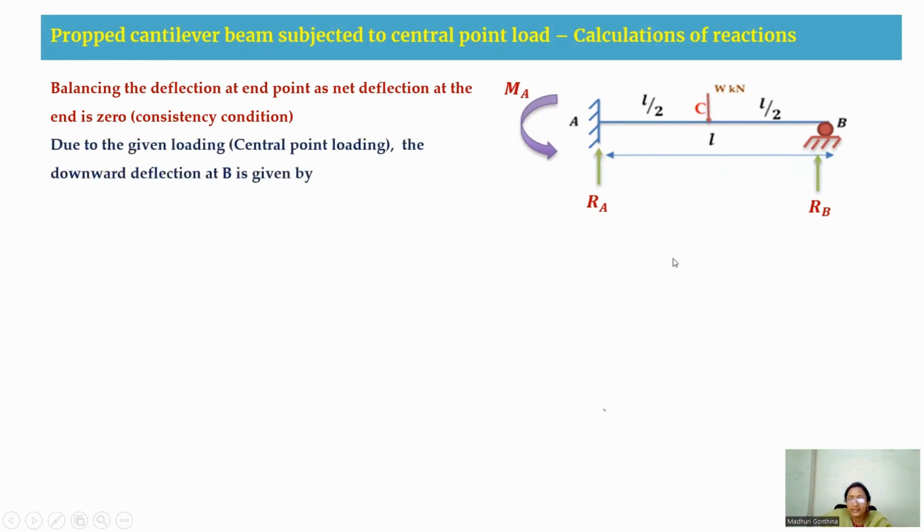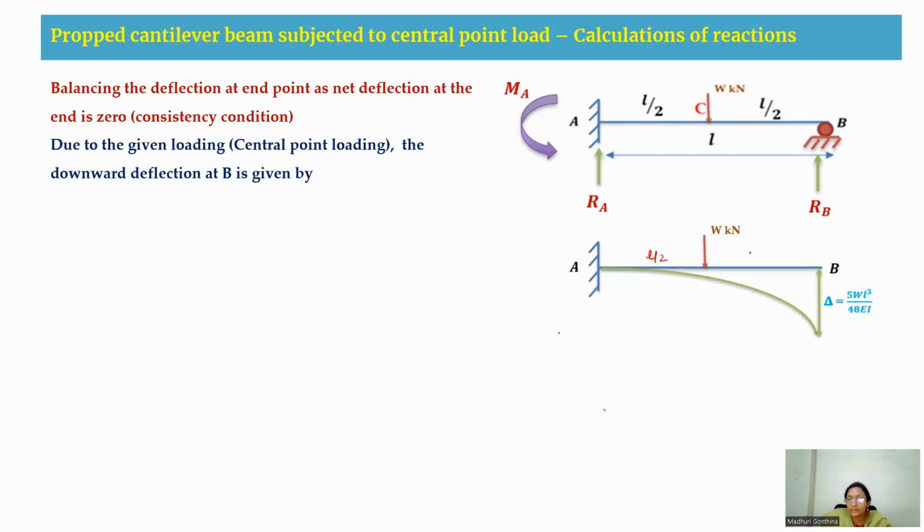Here you can see, due to the given central point loading, this cantilever beam has a deflection in the downward direction as the load is acting downward. The delta here is 5WL cube by 48EI, which we have already seen in the previous slide.